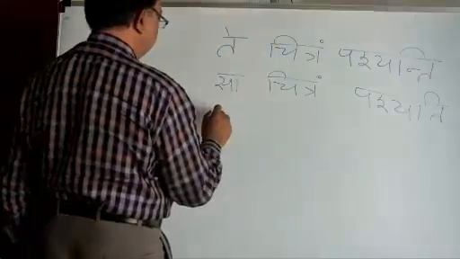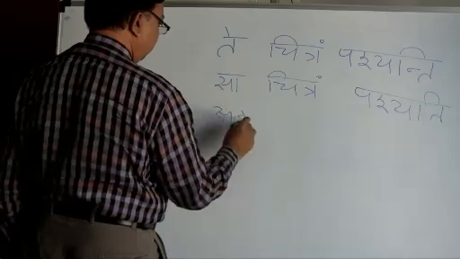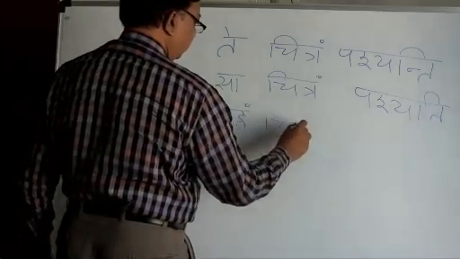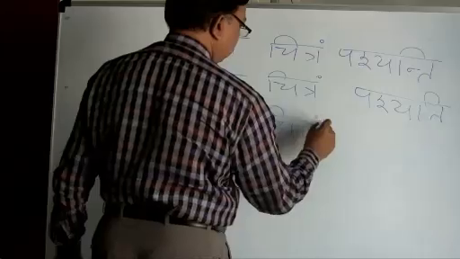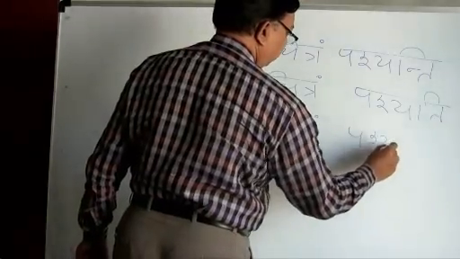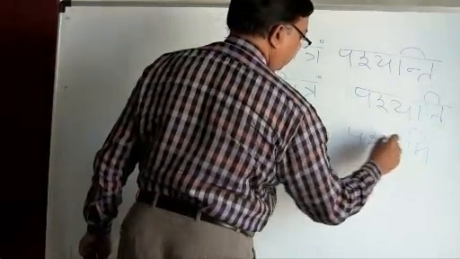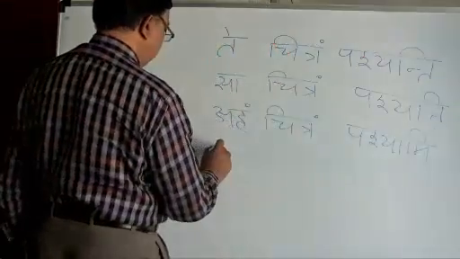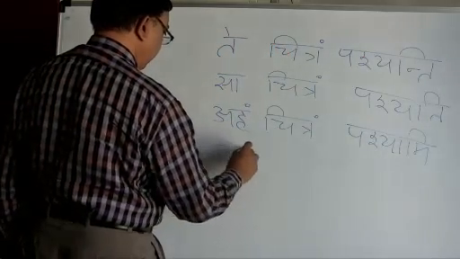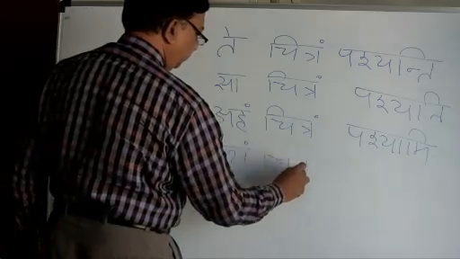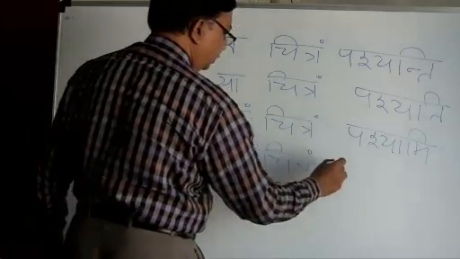Or instead of sa, say aham. I am there. Aham chitram pashyami. Or even as I said, vayam, we, chitram pashyamaha.